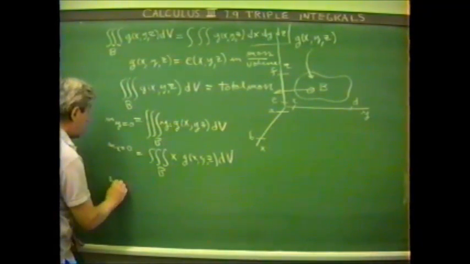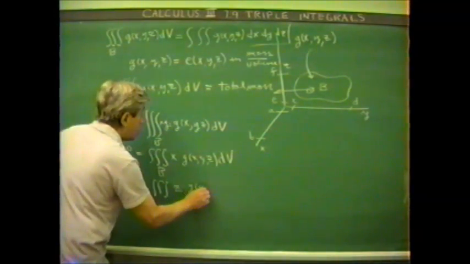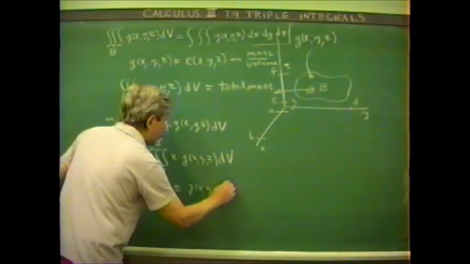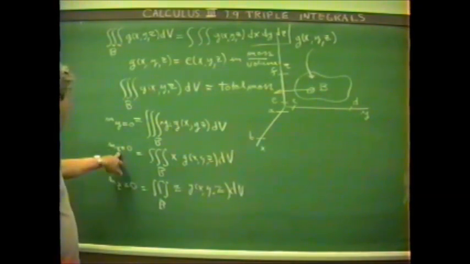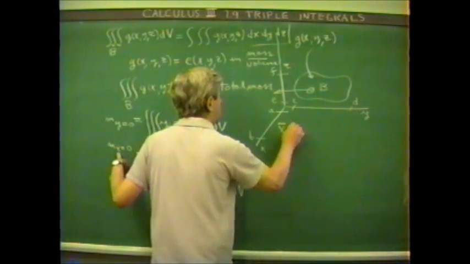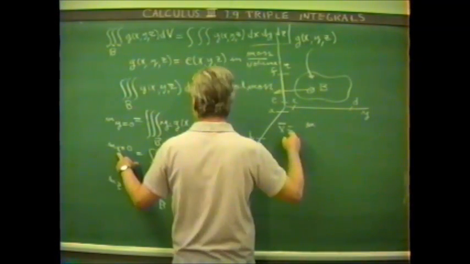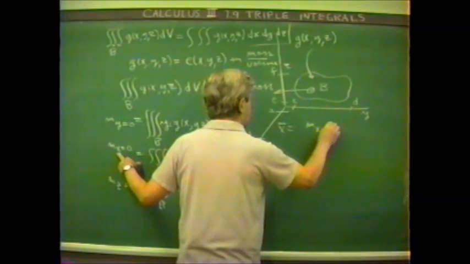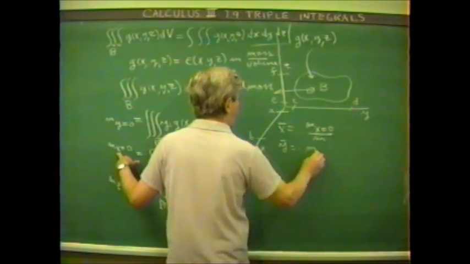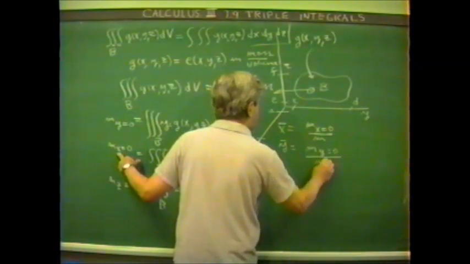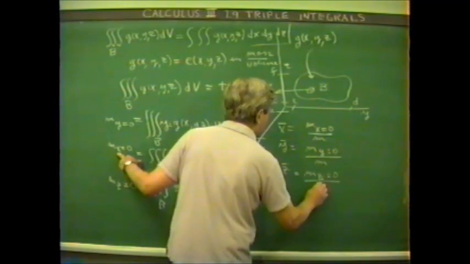The moment about z equals 0 is the triple integral of z times g of x, y, and z with respect to volume over B. And now x bar is equal to the moment about x equals 0 divided by the total mass. Y bar is the moment about y equals 0 divided by the total mass. And z bar is the moment about z equals 0 divided by the total mass.